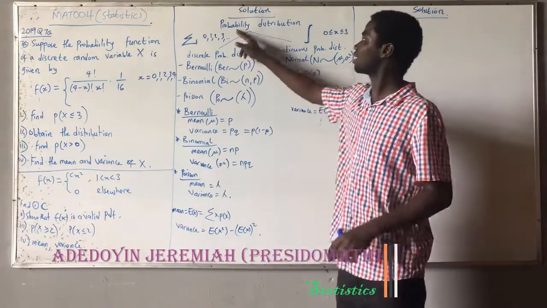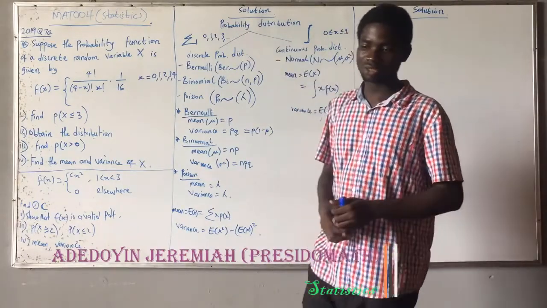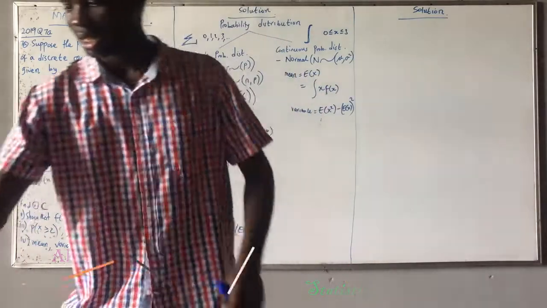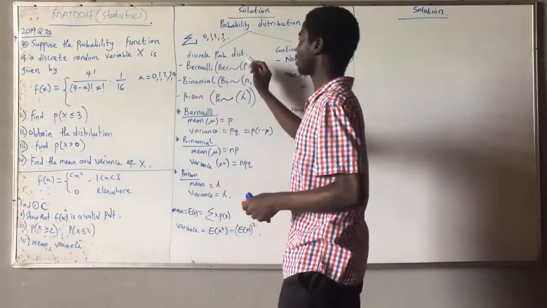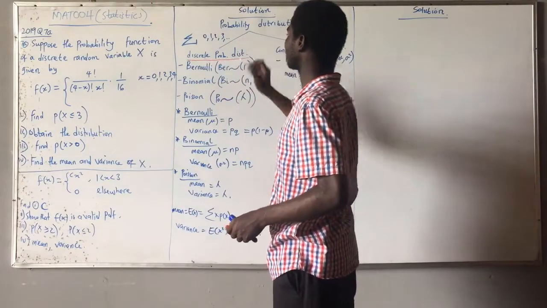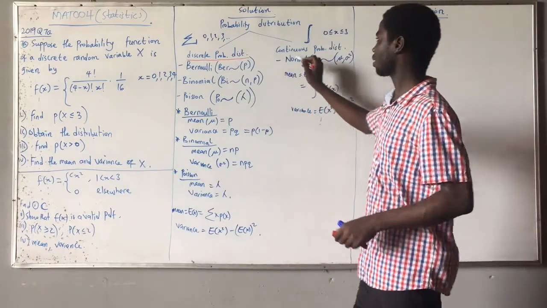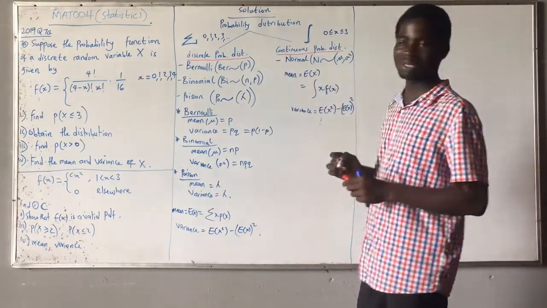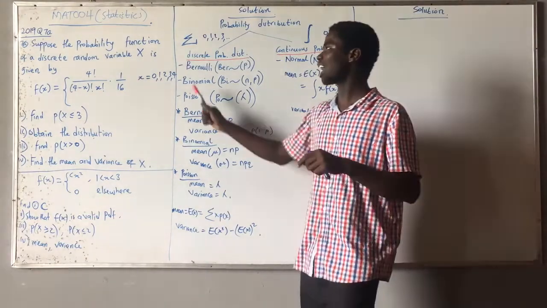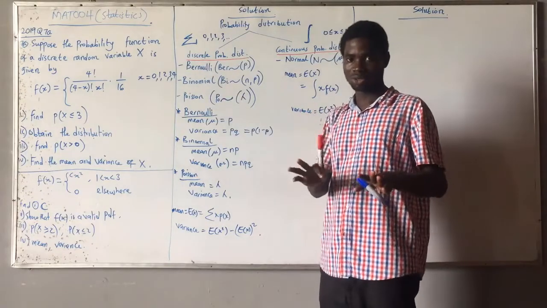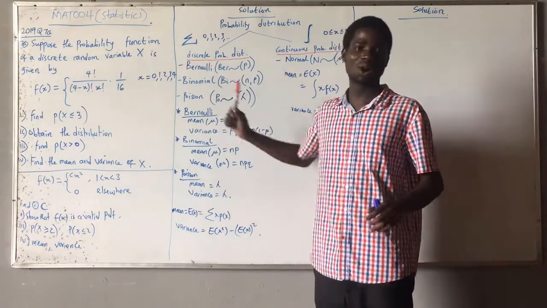When you have a probability distribution, it is divided into two parts. The first part is called discrete probability distribution, and the second one is called continuous probability distribution. Now, under discrete probability distribution, we have Bernoulli, according to your syllabus, binomial and Poisson distribution.